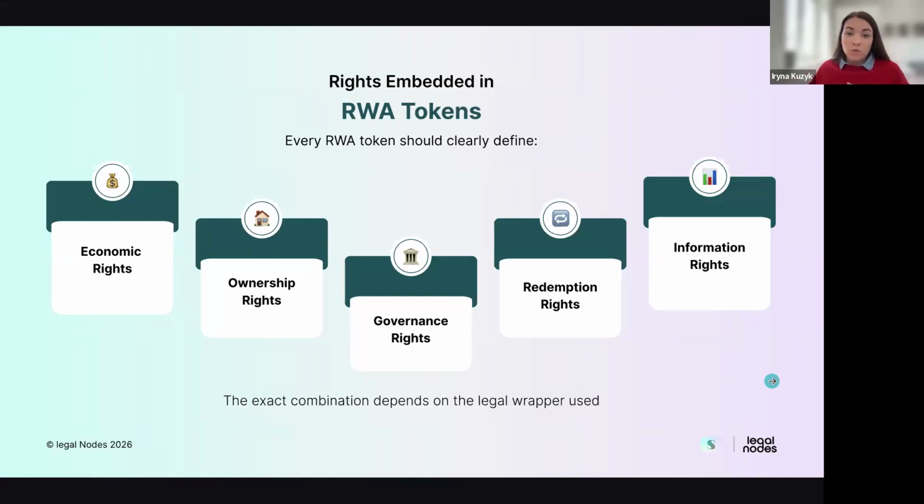These rights determine whether token holders have any influence over decisions related to the asset. For example, voting on major asset decisions, approving the sale of an asset, or appointing managers.